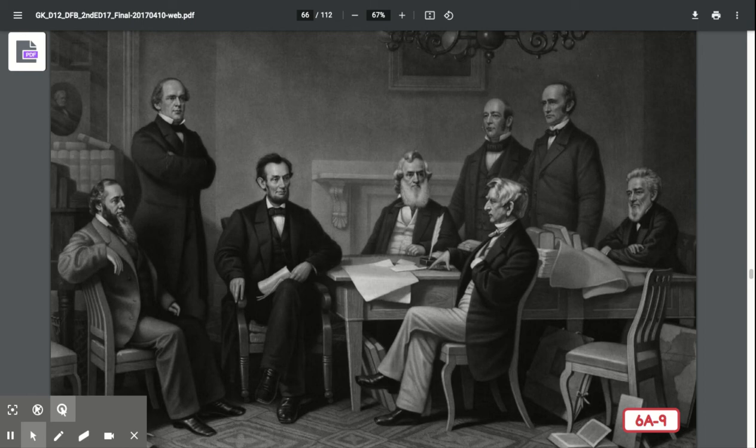What did the paper under Lincoln's hat proclaim? It was a statement for everyone to know that enslaved people would be set free.